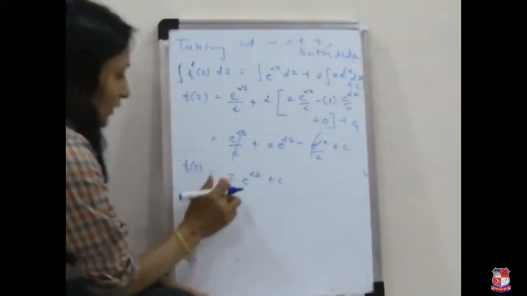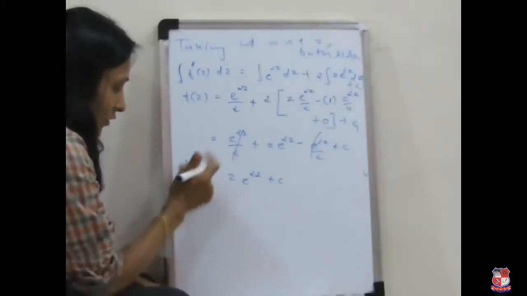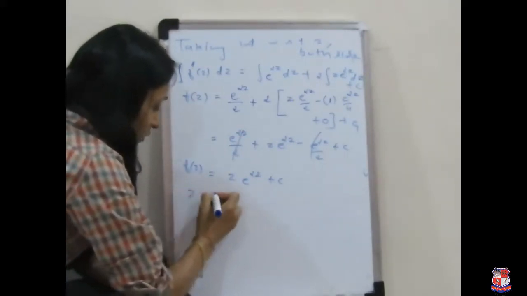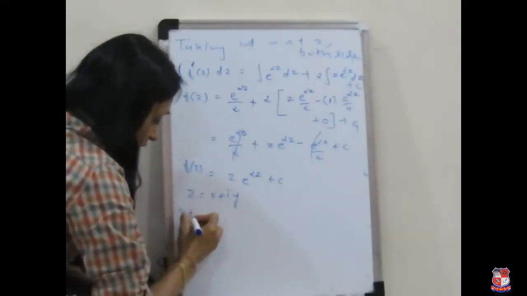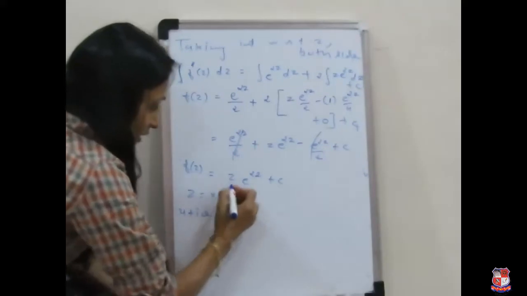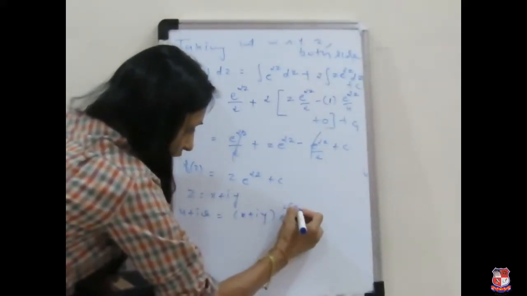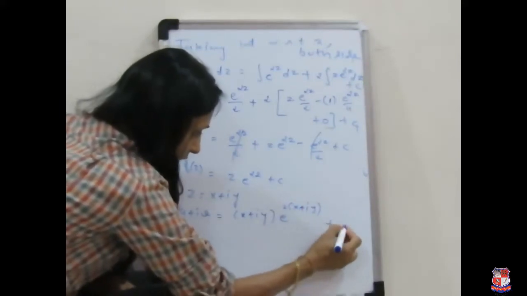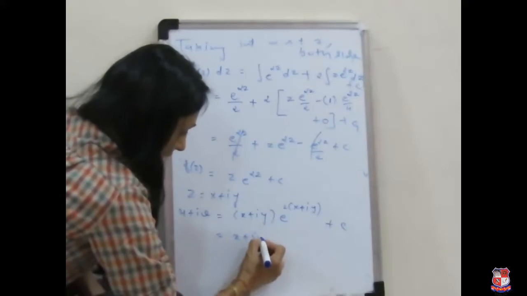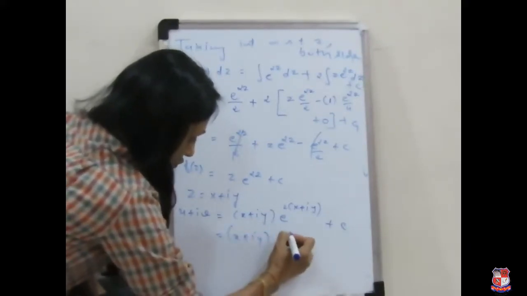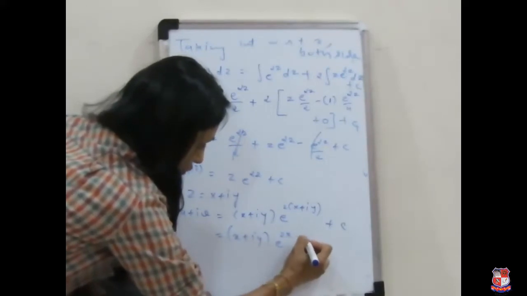Now we have to find v. How to find v? The fourth step is put z is equal to x plus iy. Then our f of z is equal to u plus iv. z is equal to x plus iy into e raised to 2 into x plus iy plus c, which is x plus iy e raised to 2x into e raised to 2iy.